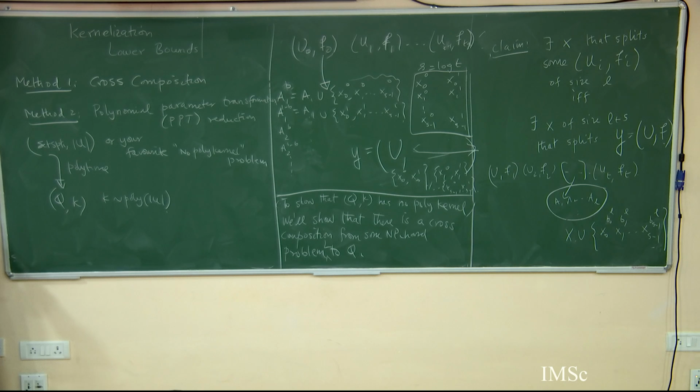So, there are no polykernel results where you want to show this for a problem. Sometimes coming up with cross composition may be very hard, but there are a couple of papers where you introduce some intermediate problem for which cross composition is easy, and then reduce from there in polynomial time with this polynomial parameter preserving reduction, and you can show there is no polykernel. Okay.